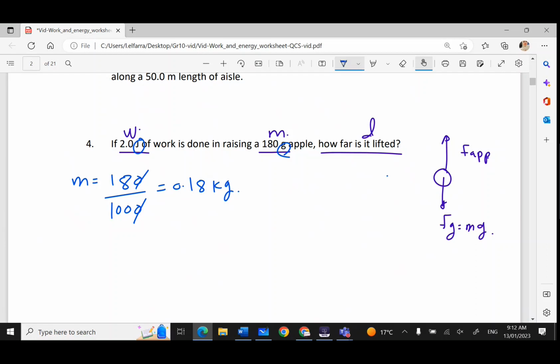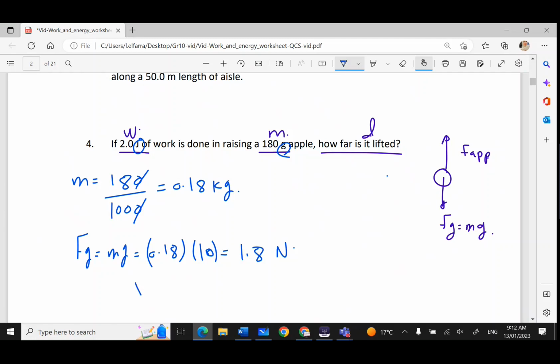I need the weight now, the weight of this apple, M times G. 0.18, I'm going to take G as 10 meter per second square. It should be 9.81, but for simplicity, I'm going to take 10, and this will give us 1.8 Newton.